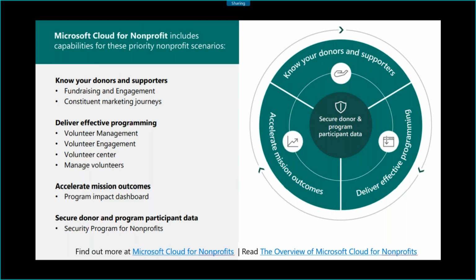And this wheel represents our overarching vision and also our commitment to building non-profit relevant solutions. And you can see listed on the left some of the programs and the apps that we've created to overcome those industry priorities, such as volunteer management and volunteer engagement. And all of our solutions are underpinned by our security program. And keeping you secure is really at the center of everything that we do.